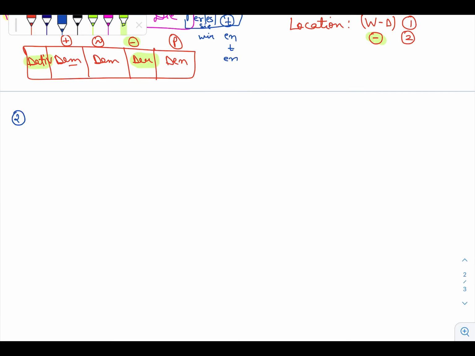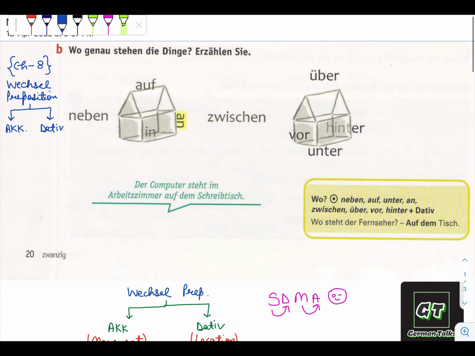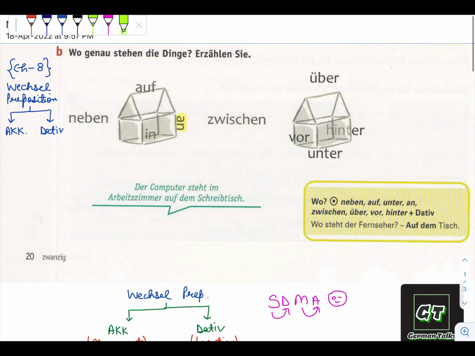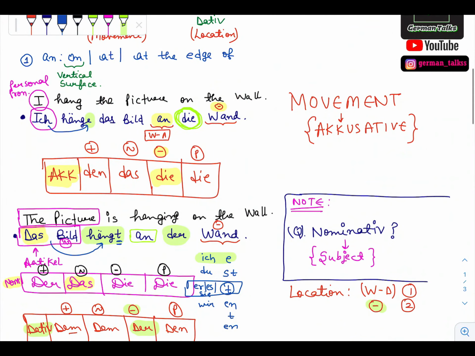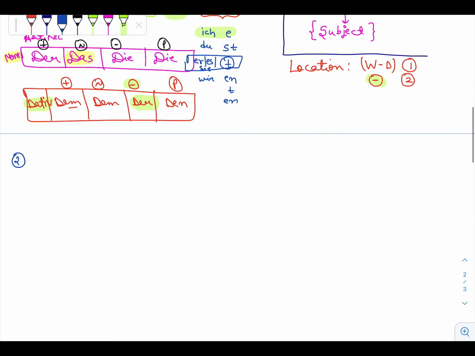We will take now the second example, that is "an". Again, while looking at the picture you can see "an", the action means on. It's on the house we can say. So if you will write here "an", again Wechsel preposition, meaning on or in we use in languages.